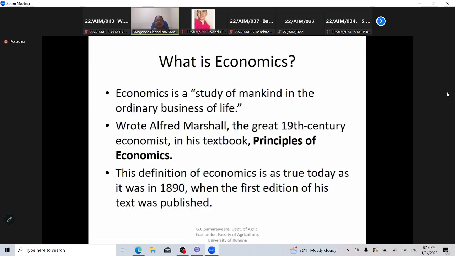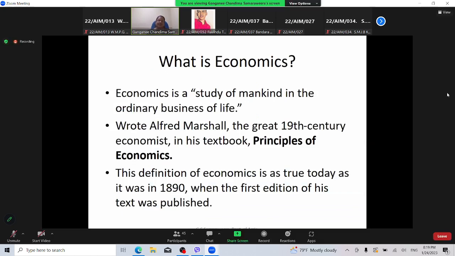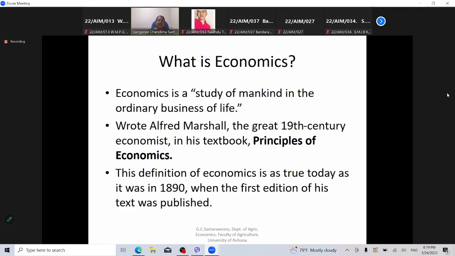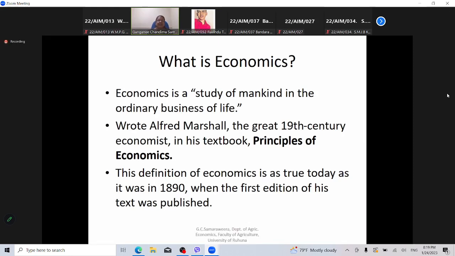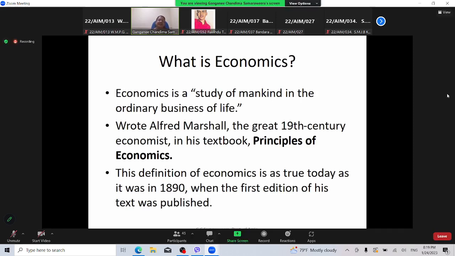First of all, we will see what is economics. I think you all heard about Alfred Marshall, the greatest economist in the 19th century. Now we are in the 21st century, no? Then the 19th century economist, in his textbook Principles of Economics, explained economics is a study of mankind in the ordinary business of life.